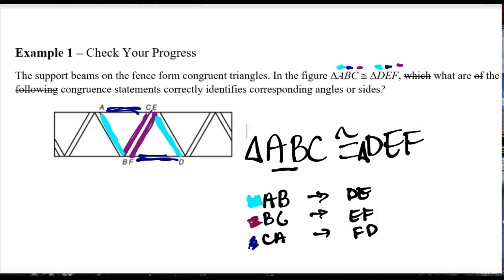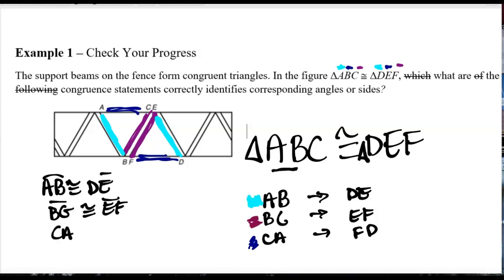So these would be the congruent statements. So you would go ahead and state that they are congruent. So AB is congruent to DE, and their segments. So we would say BC is congruent to EF, and CA is congruent to FD.